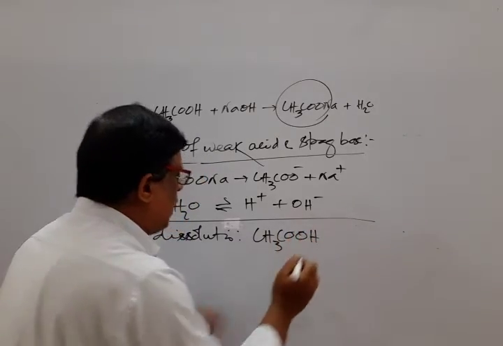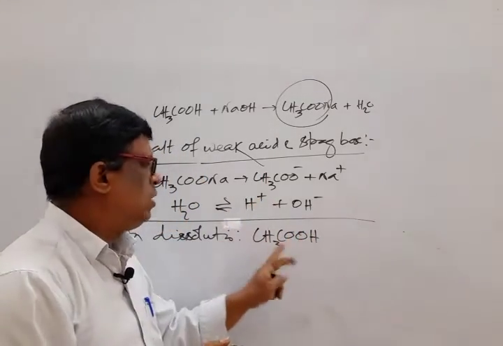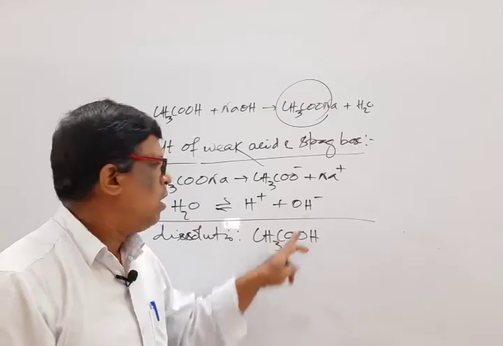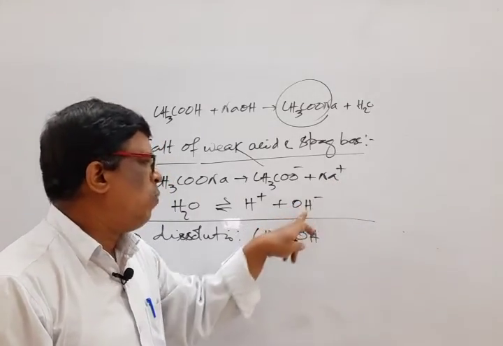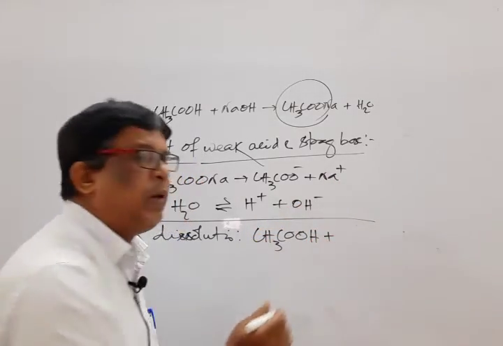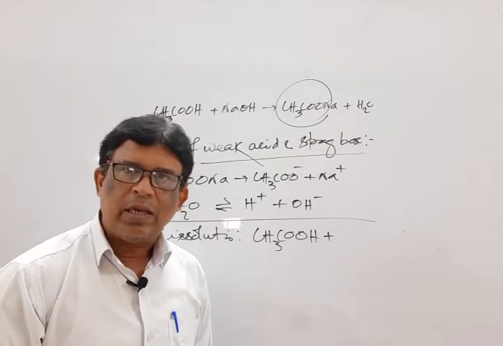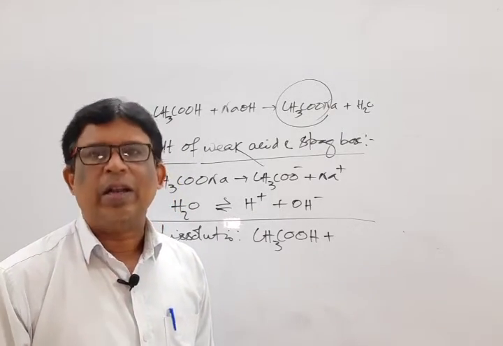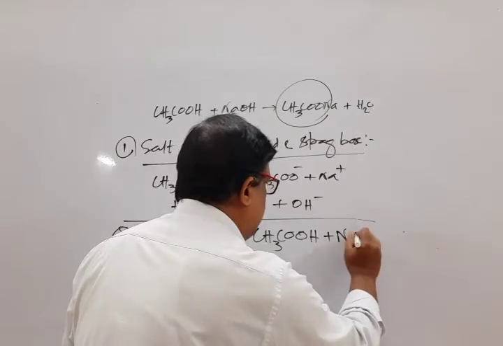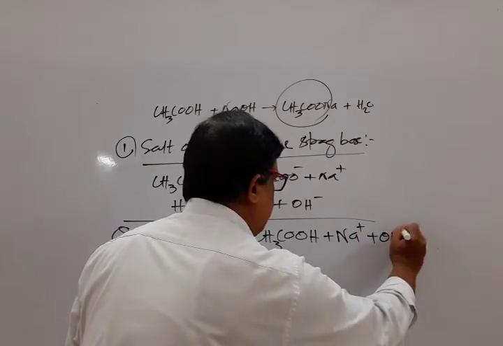As it is a weak acid, a weak electrolyte, it remains as such. While Na plus combining with OH minus ion to form NaOH, the strong base, strong electrolyte, never remains as such. So it will remain as Na plus plus OH minus.